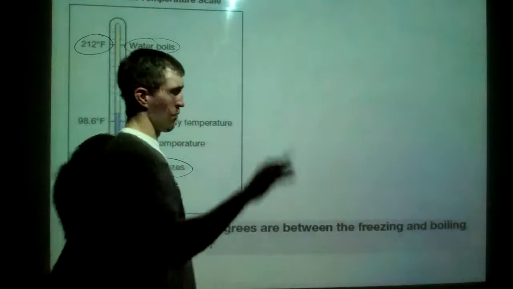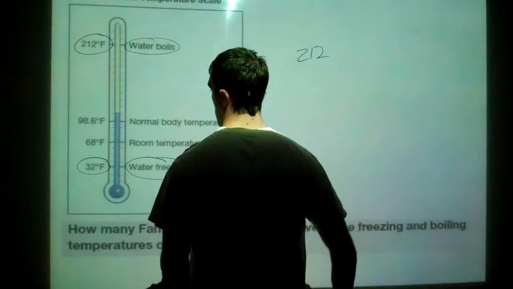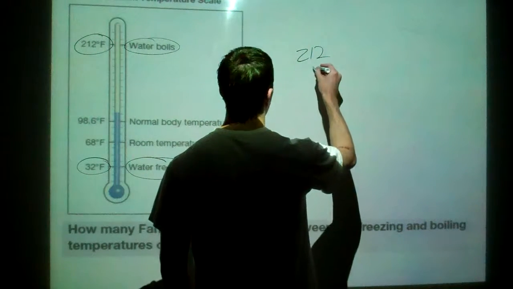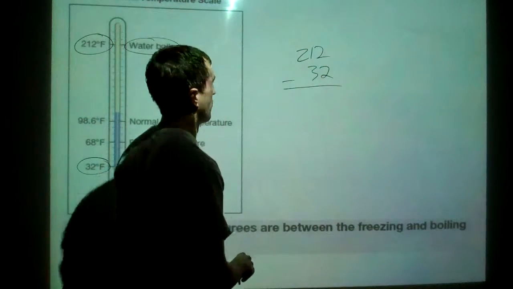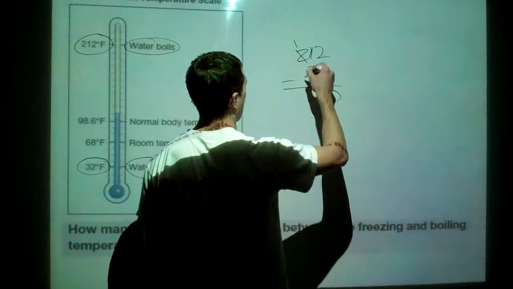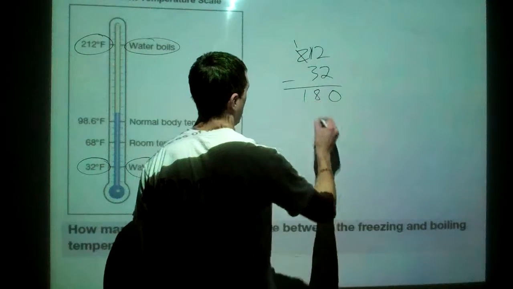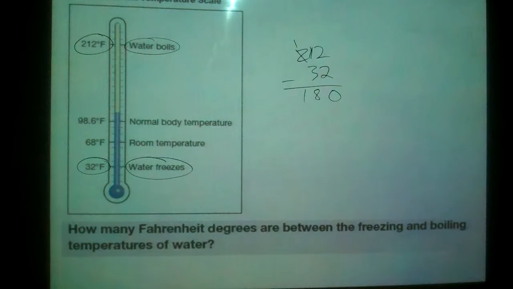So, figure out how many degrees are between those. 212 minus 32. We do that, 2 minus 2 is 0. 11 minus 3 is 8. So 180 degrees Fahrenheit between the boiling and freezing temperatures.